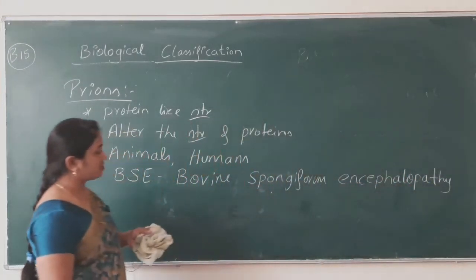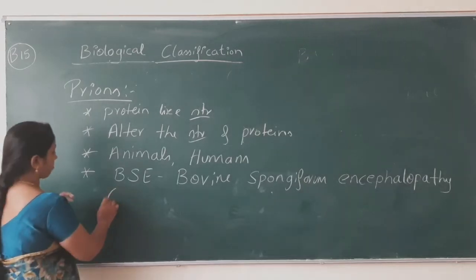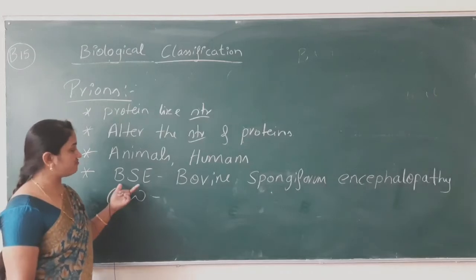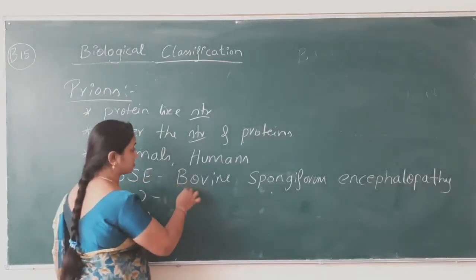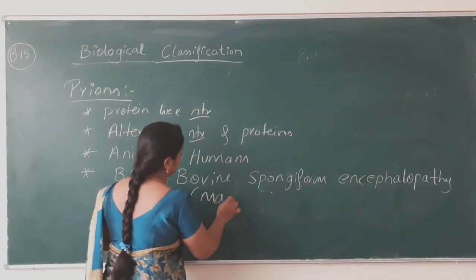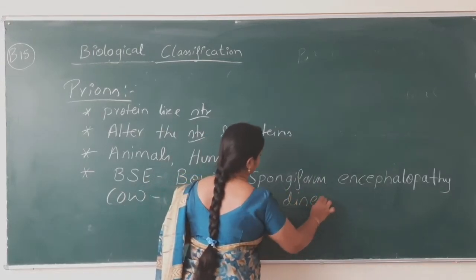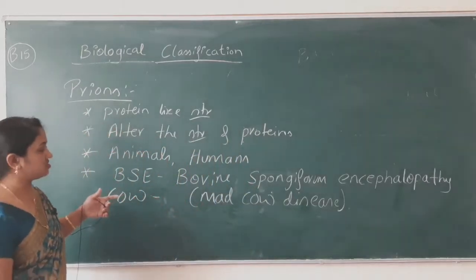So this is one name of the disease caused to the cow. When the cow is suffering from this kind of disease, it is commonly known as mad cow disease.